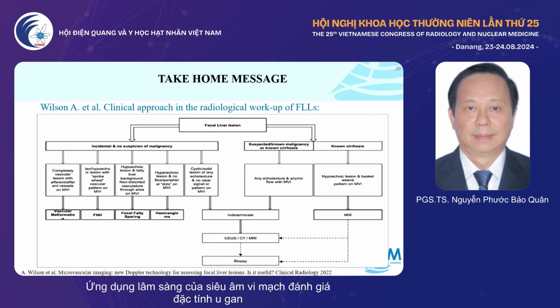And when we see the peripheral, nodular pattern of the tumor, we can diagnose hemangioma. In the case of a suspicious patient, for example a patient with cirrhosis or chronic hepatitis C or B, when we see the contour pattern or dysmorphic vessels, we can diagnose HCC. And in other cases, we can suggest the patient go for CT or MRI with contrast enhancement.